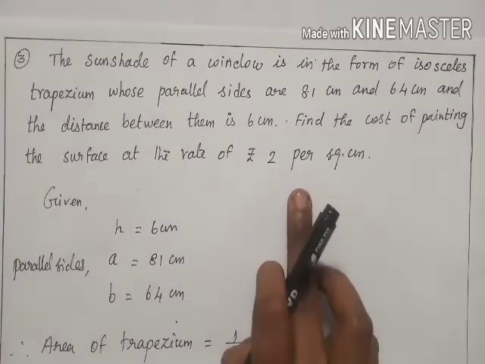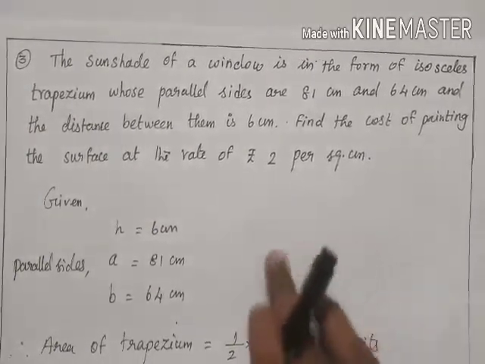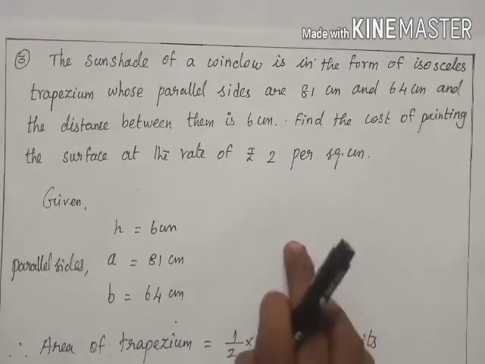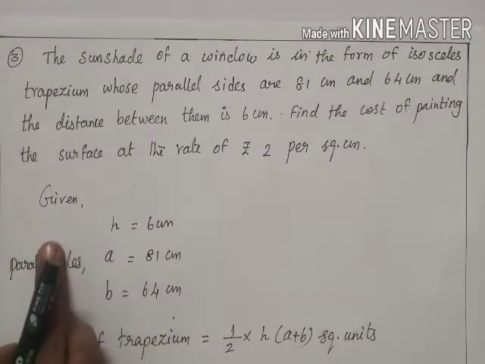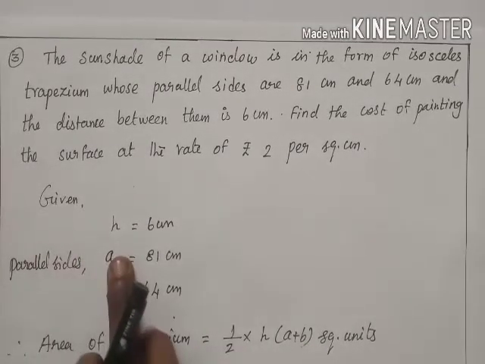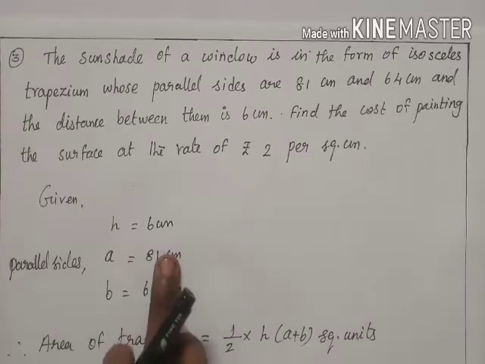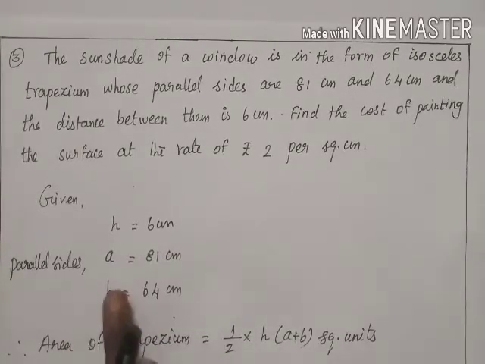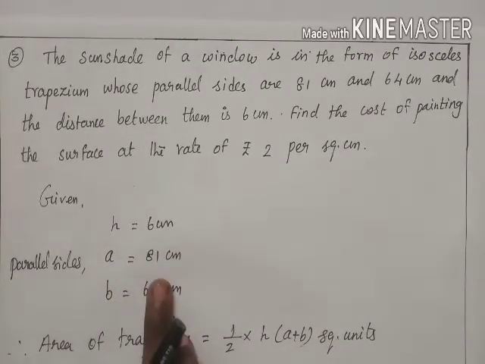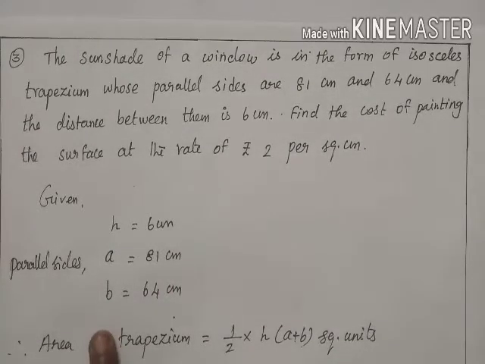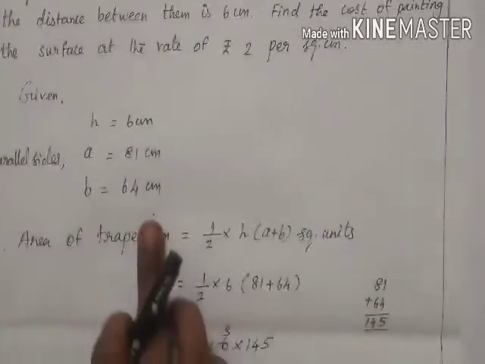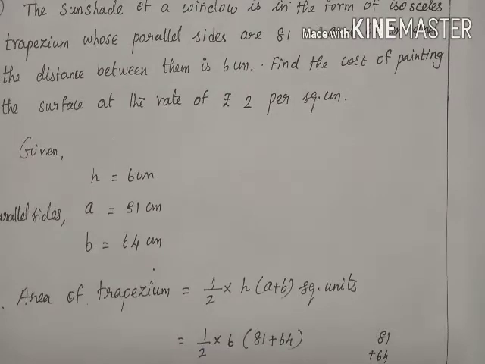So here first we have to find the area of the window, that is the area of the trapezium shaped window. What is given here? Height is equal to 6 centimeter, parallel sides A is equal to 81 centimeter, B is equal to 64 centimeter. So find the area of trapezium first. What's the formula to find area of trapezium?